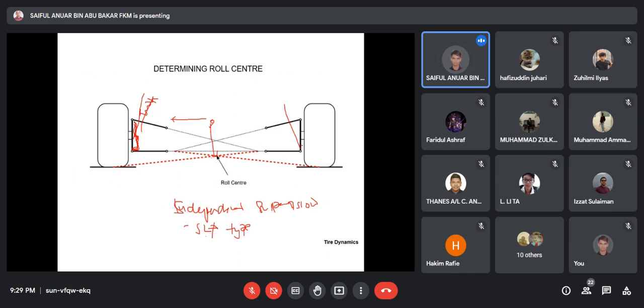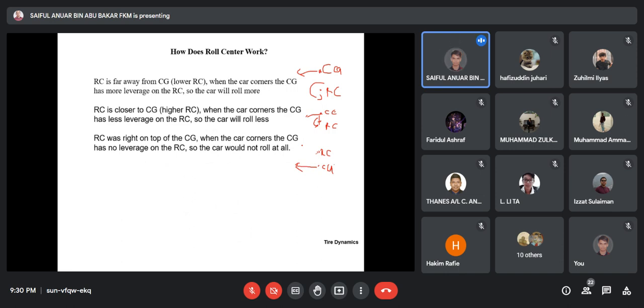To achieve a high or low position of the RC, other than having a shorter length of spring or shock absorber, the mechanics on the racing track will adjust the camber angle, because camber angle, other than increasing the track width of the vehicle, also affects the position of your roll center.